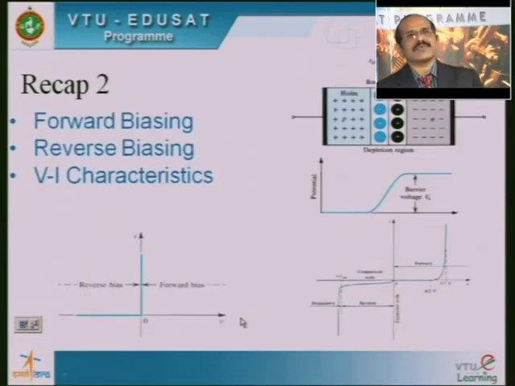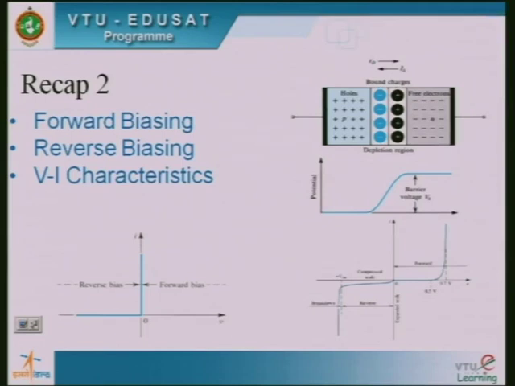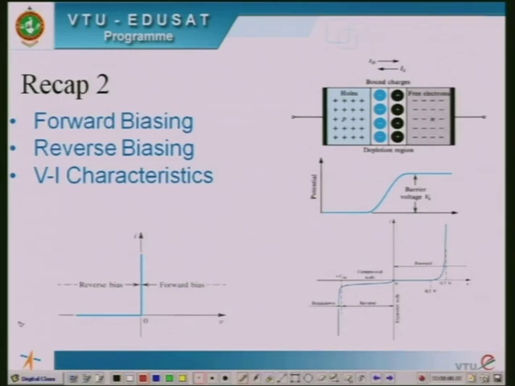Also we discussed the forward biasing of the semiconductor diode. Forward biasing means that the anode is connected to the positive terminal of the battery, and the cathode is connected to the negative terminal of the battery.